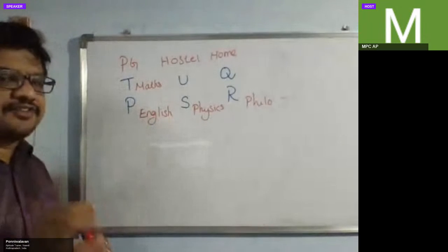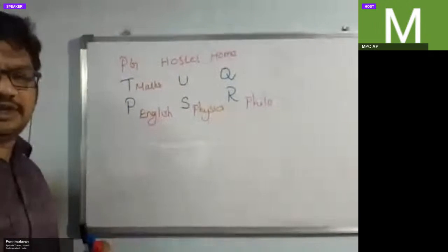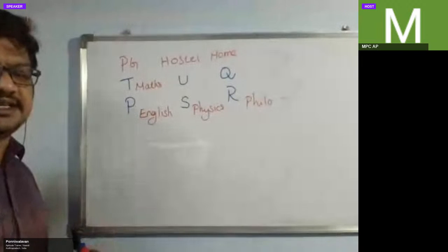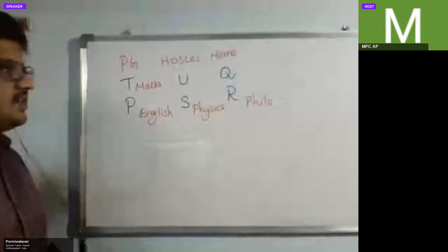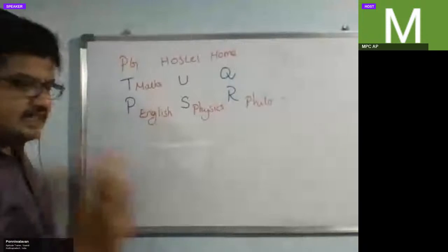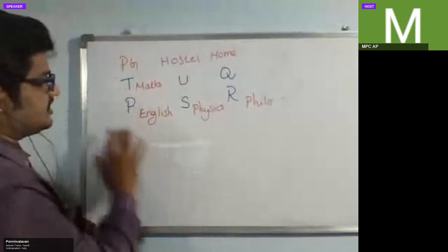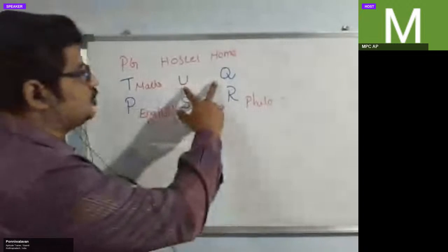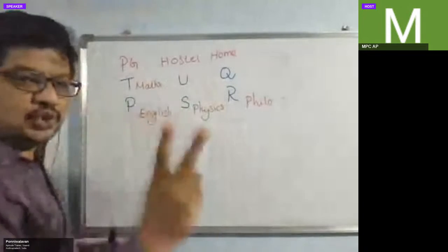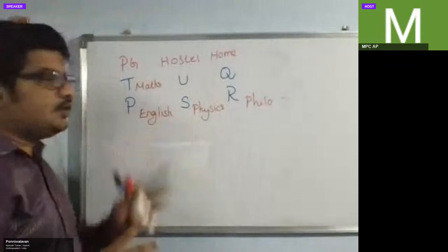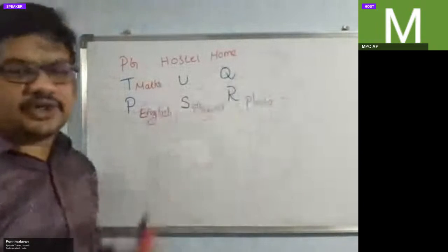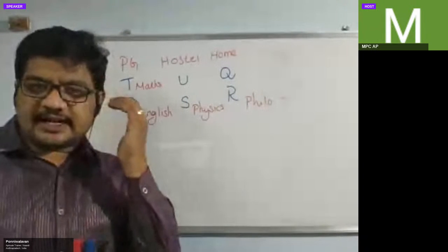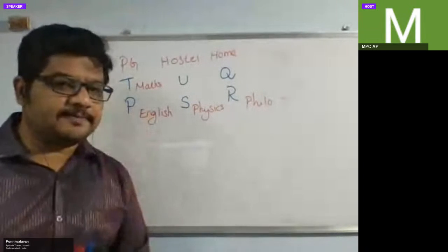Now philosophy, and what are the two courses remaining there? Statistics and history. They are telling that statistics and history do not stay at PG. That is the only clue. Here remaining 2 persons are there and 2 courses are there. Who is going to study statistics and who is going to study history?